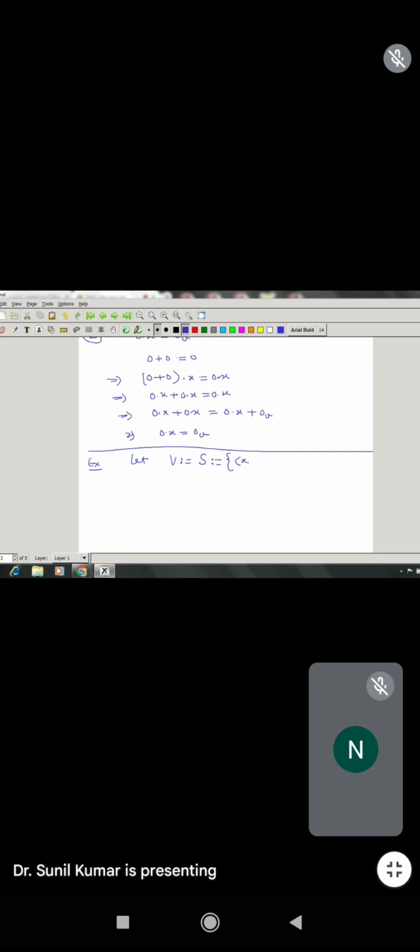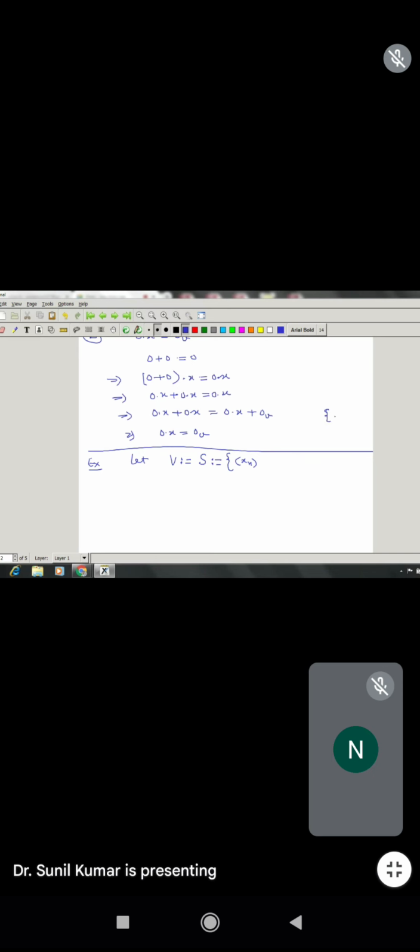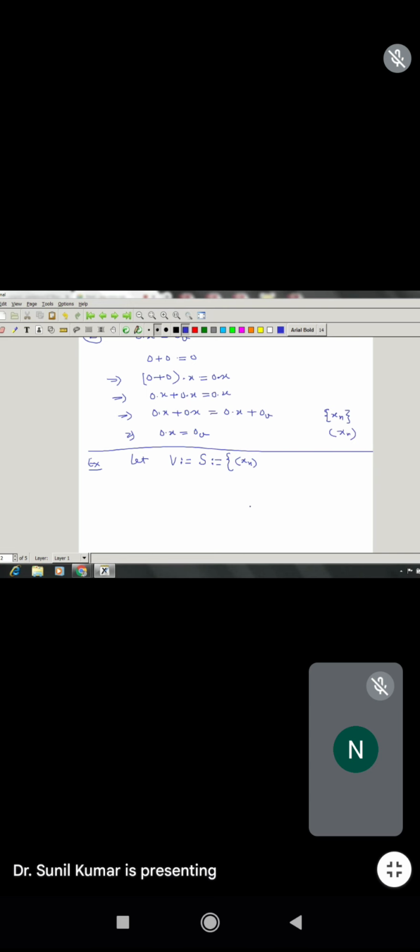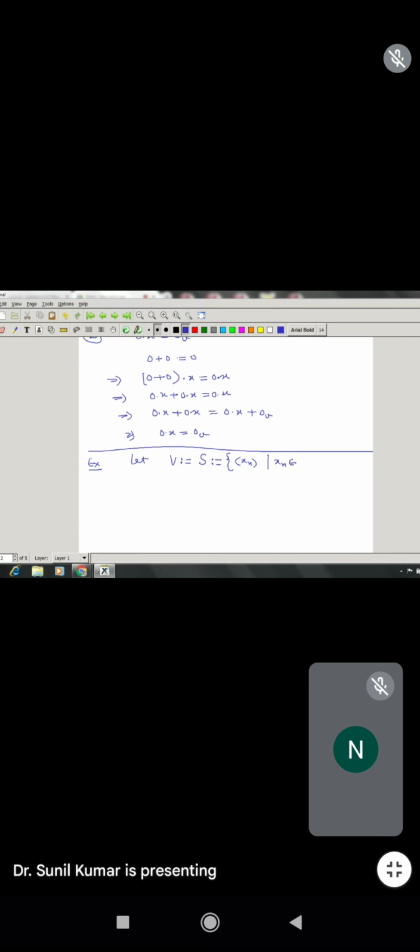In modern mathematics, in most books, we use this small bracket to write a sequence, such that all the terms xn of the sequence belong to the real numbers.